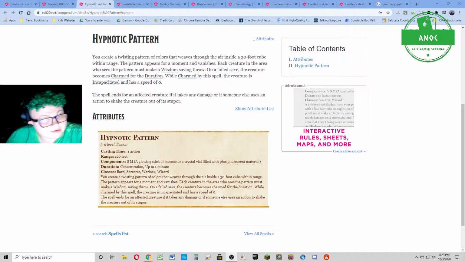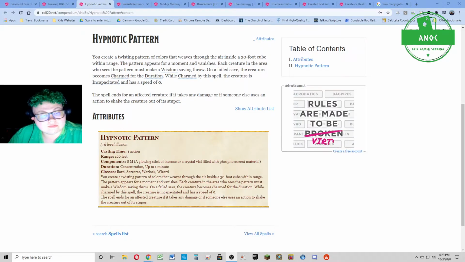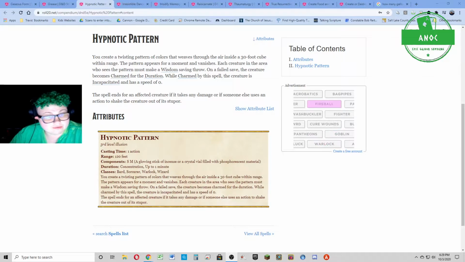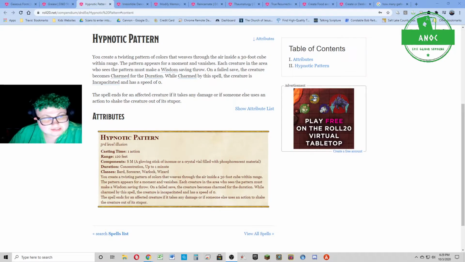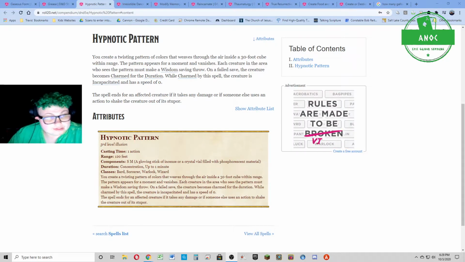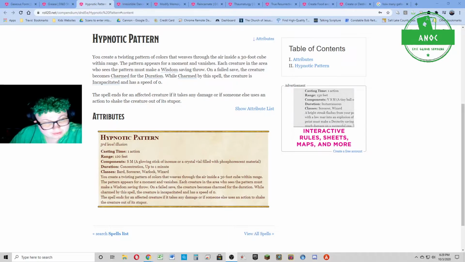Anyway, the materials are a glowing stick of incense or crystal vial filled with phosphorescent material, and the duration is up to 1 minute with concentration. The classes that can use this are Bard, Sorcerer, Warlock, and Wizard. And what it does is you create a twisting pattern of colors that weaves through the air inside a 30-foot cube within range. The pattern appears for a moment and vanishes.